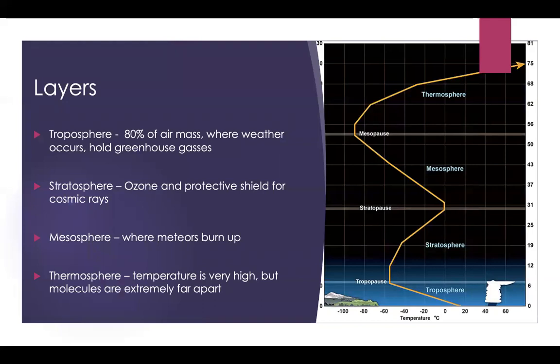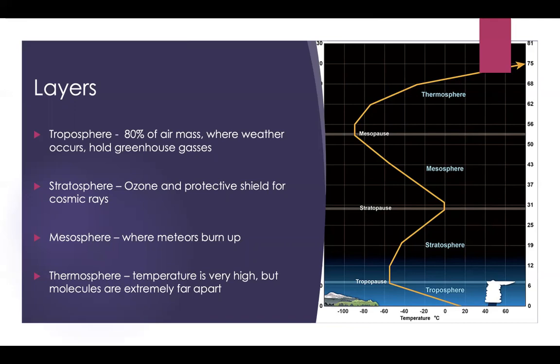The troposphere has pretty constant decrease in temperature as you go up. It has 80% of the air mass on Earth. It's where the weather occurs, and it also holds greenhouse gases. So as you go farther up in the troposphere, you're losing molecules, the density of the molecules.